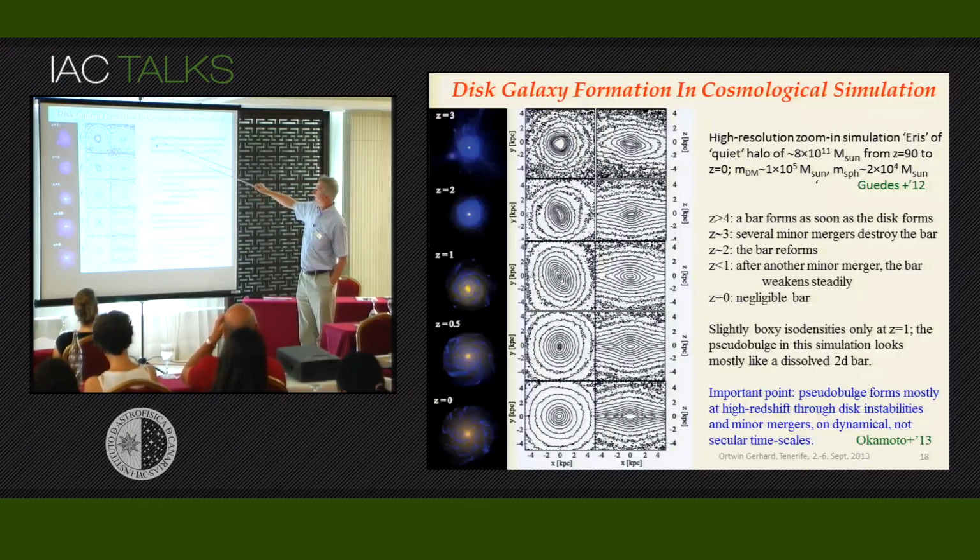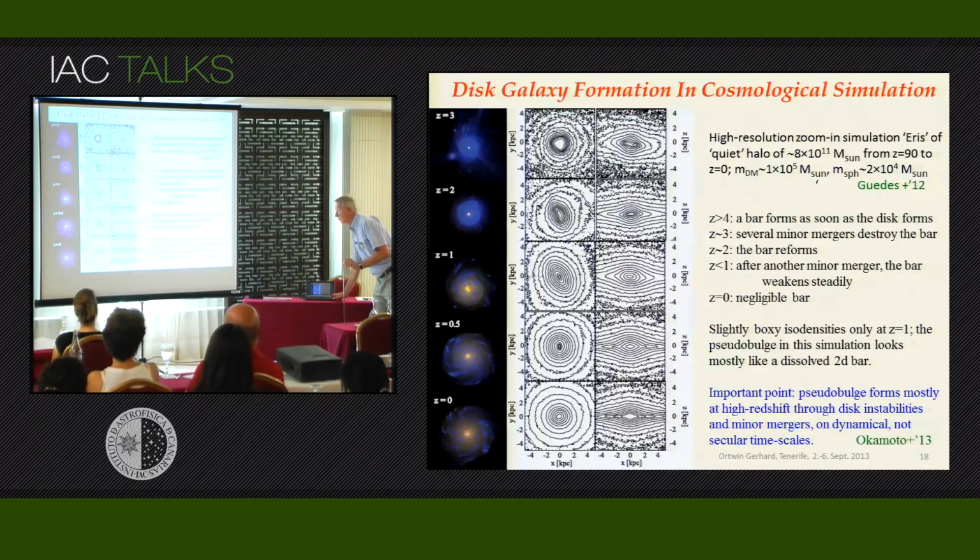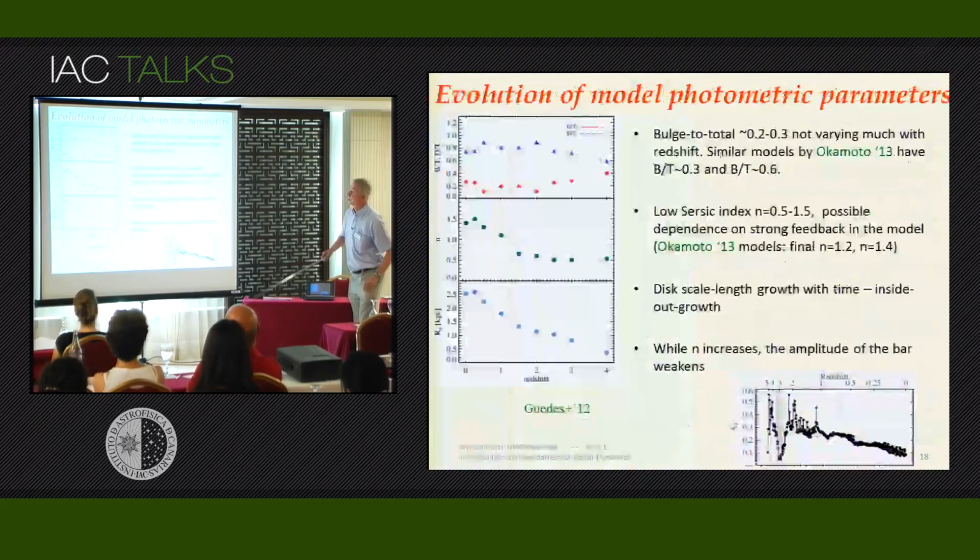And you can see that despite all the details, in the end you end up with a realistic disk galaxy at some level, and you can make stars in these systems that look a bit like real galaxies do as well. And I wanted to illustrate two things on this.